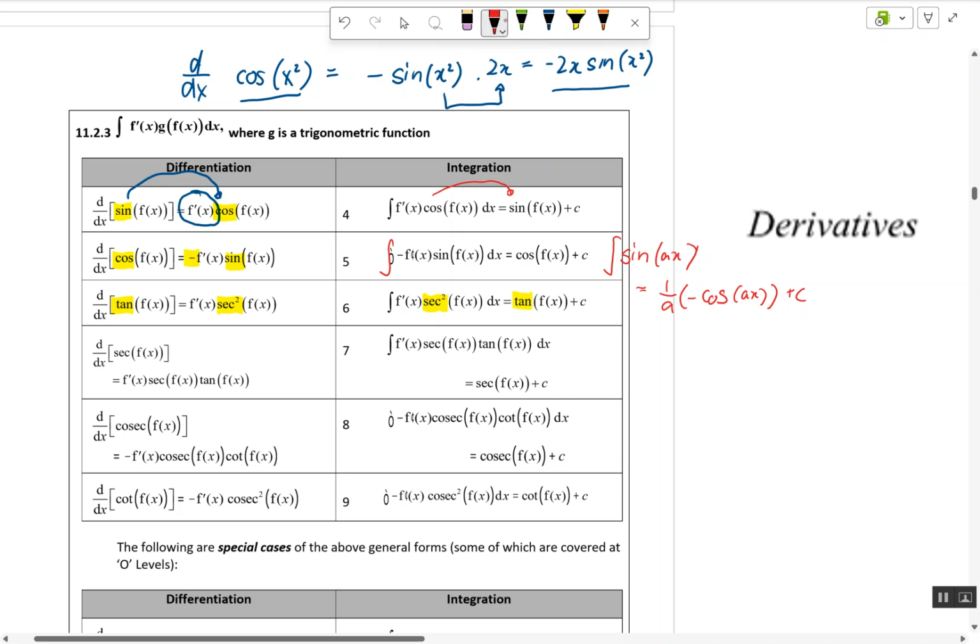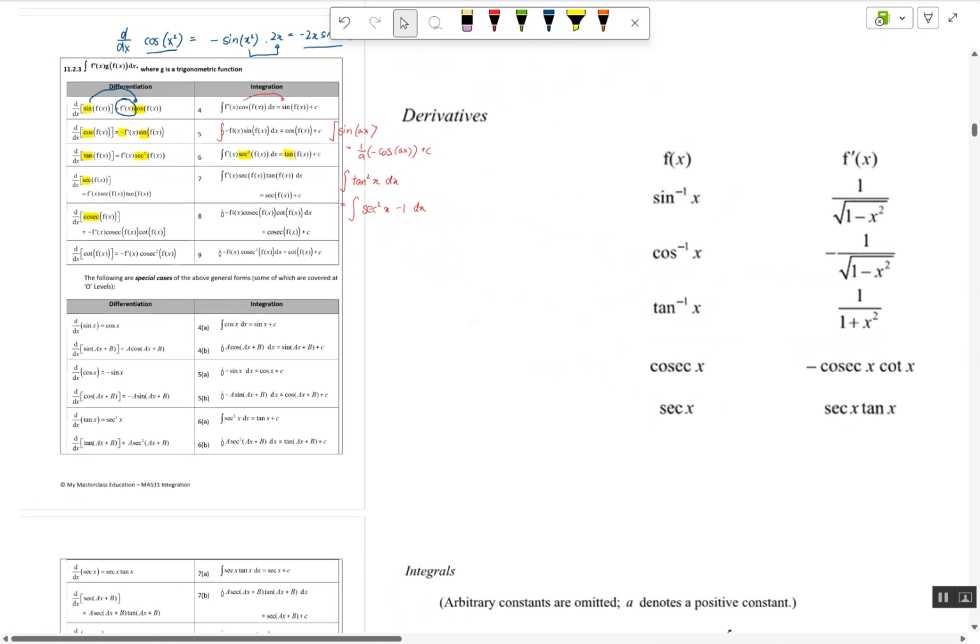What happens if you need to integrate tangent squared? Then you need to apply your basic trigo identity. Tangent squared is equal to secant squared x minus 1, then you can integrate. Later I'll talk about this. Okay, now differentiation of secant and differentiation of cosecant are actually given in your formula sheet.